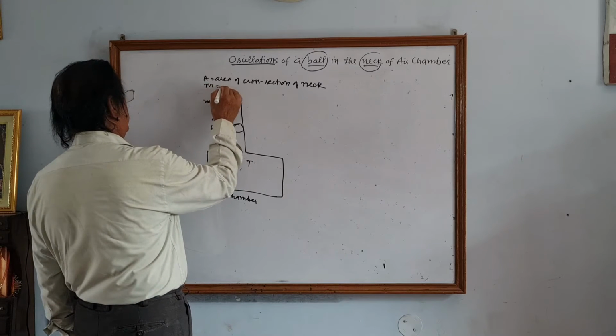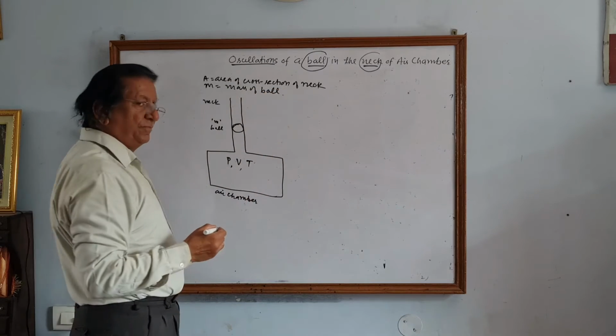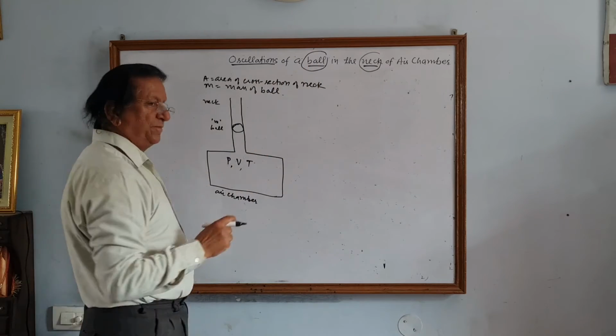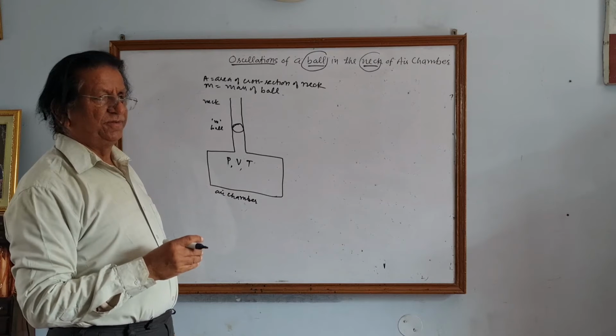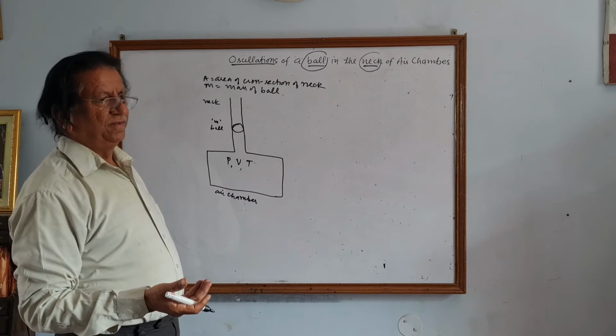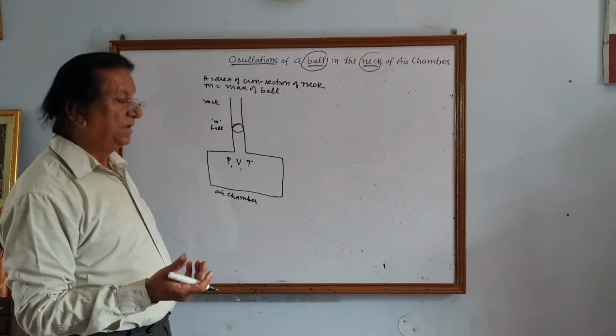M is the mass of the ball. So in this case, oscillation of the ball means the ball will be made to execute simple harmonic motion. We have to see linear or angular, which formula to be made use of.